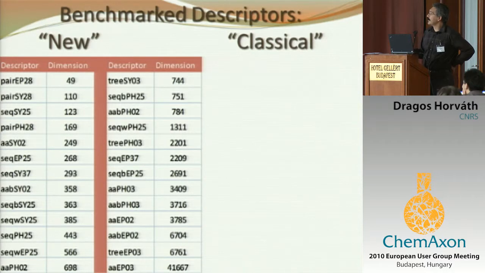Symbol, these are colored by atom symbol, just as a baseline to check how well atom symbols fare. pH is pharmacophore, and sometimes you have the B flag and W flag. You can see they are of varying dimensions. This means the number of fragments that was populated based on the 2,500 considered molecules.